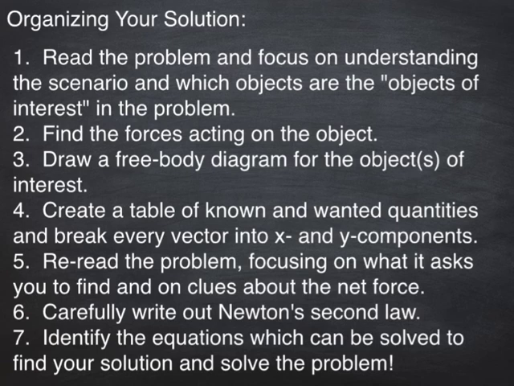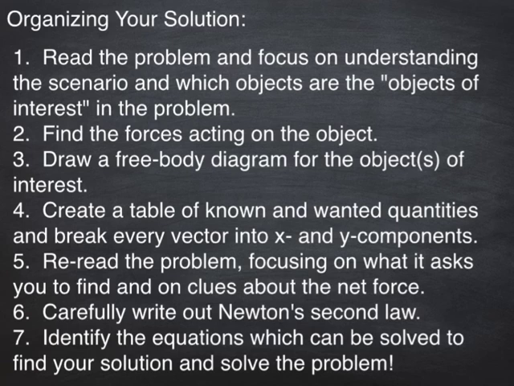Fourth, use that free body diagram as a reference and create a table of all the known quantities and wanted quantities. Break every vector into x and y components. Even if you don't know what numbers to put in for something, write it out in formula form. Give it its mathematical definition. Fifth, reread the problem. This time, focus on what you're being asked to find and focus on clues about the net force.